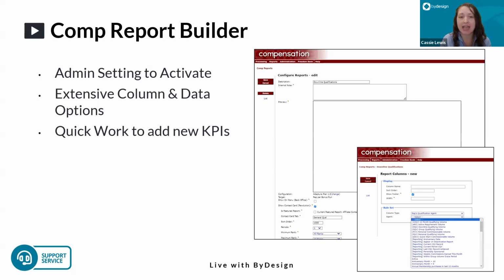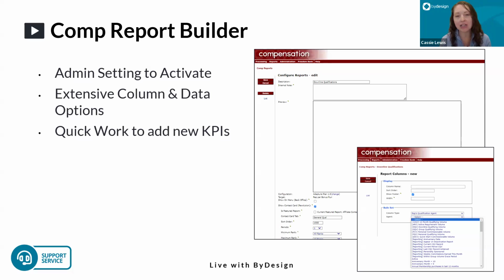A little note that I like to add in here is, if you are trying to report on something that is not currently available in the compensation report builder, we can actually add new KPIs here. So this will be a great option for those that want to build a lot of custom reports and maybe report on KPIs that aren't necessarily used in the comp plan.